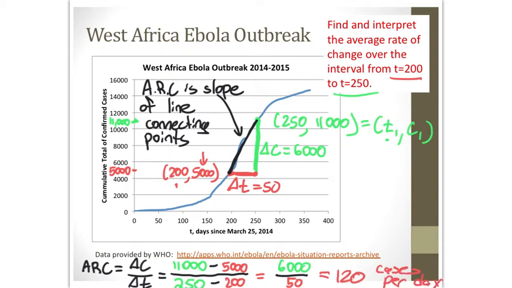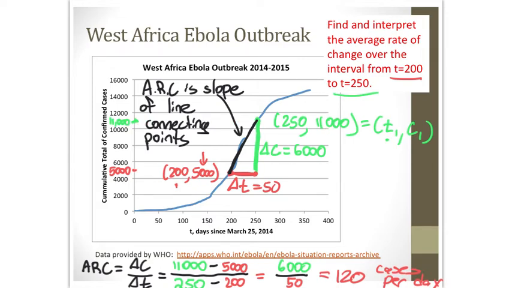So just to review the steps that we took here, we wanted to find the average rate of change over this period from 200 to 250. So first, we find the coordinates of the start point that we got over here. We approximated this value, the output, at this point from the graph. Then we identified the coordinates of the end point of this interval at 250. So when t is 250, we approximated the output as 11,000.